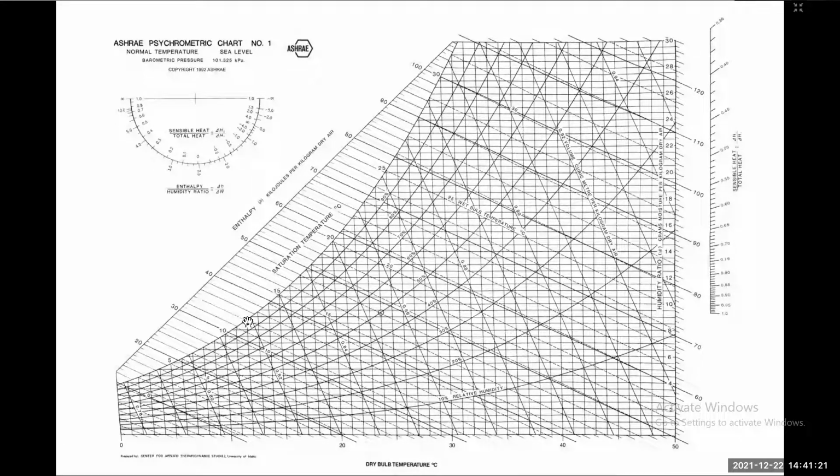For saturated condition, you can obtain this RH curve. Then with a scale, you can obtain other curves like 90 percent, 80, 70, 60, 50, 40, 30, 20, 10, etc. Then from the specific enthalpy formula, you can obtain these values and you can draw the lines. So these are the constant enthalpy lines.